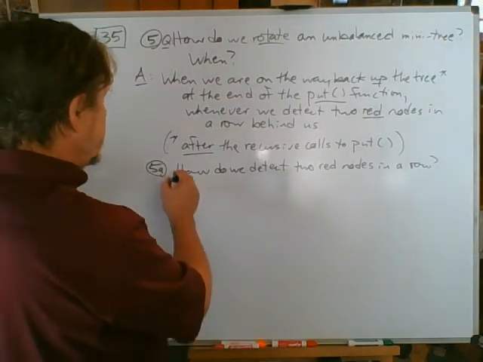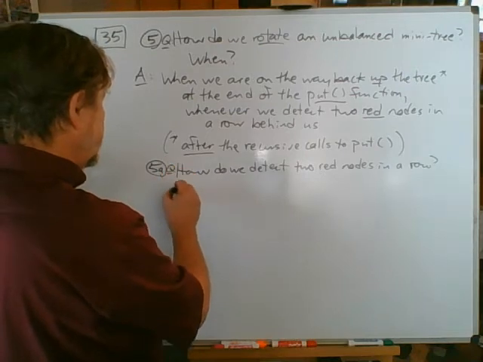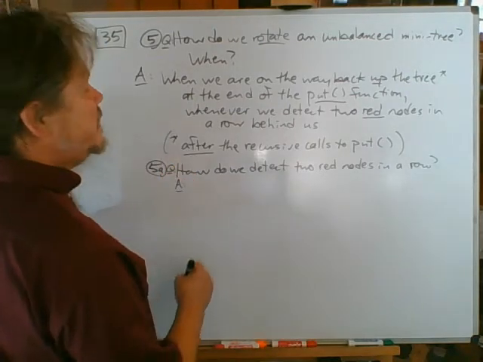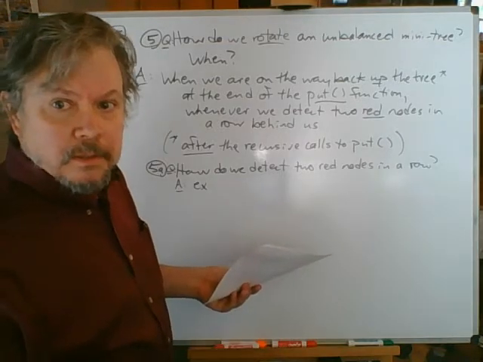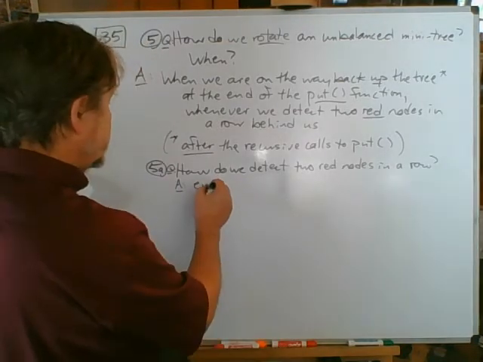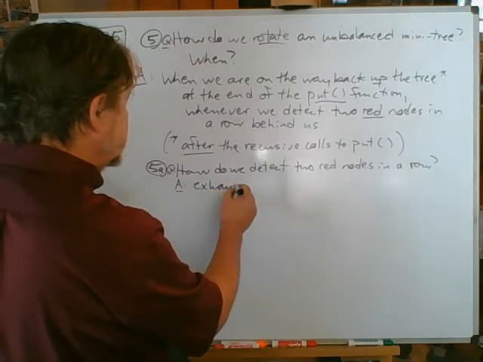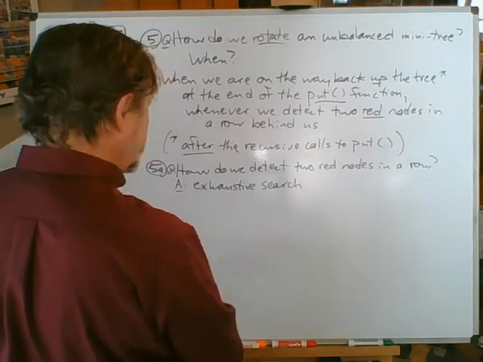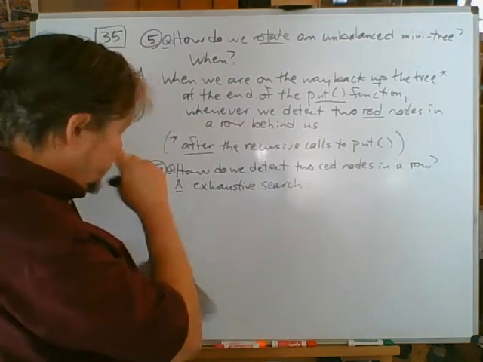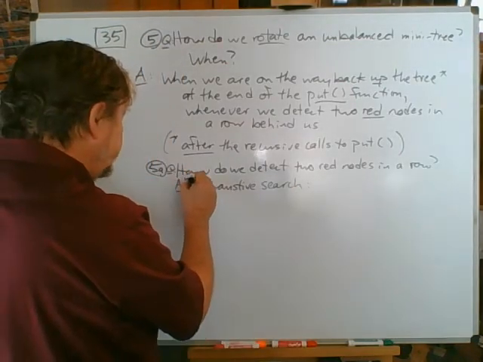This is question 5a. A mini exhaustive search. In other words, just look at all the possibilities and see if any of those fit the bill. Exhaustive search. I'm going to put mini up front.